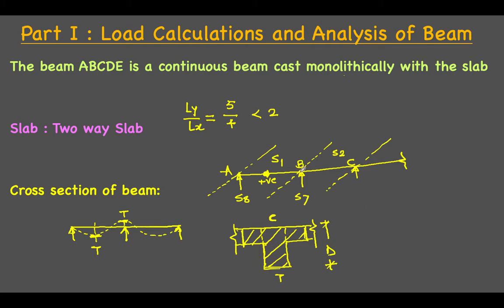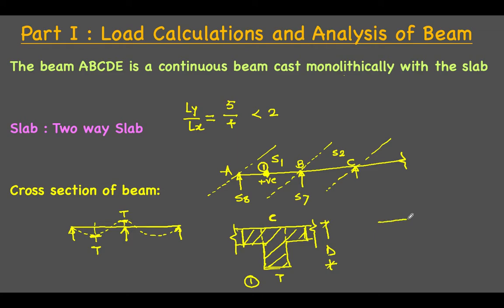Now the reverse is the case over support. This is at section 1. Now I'll take a case over support. Now at support the slab is there, right?